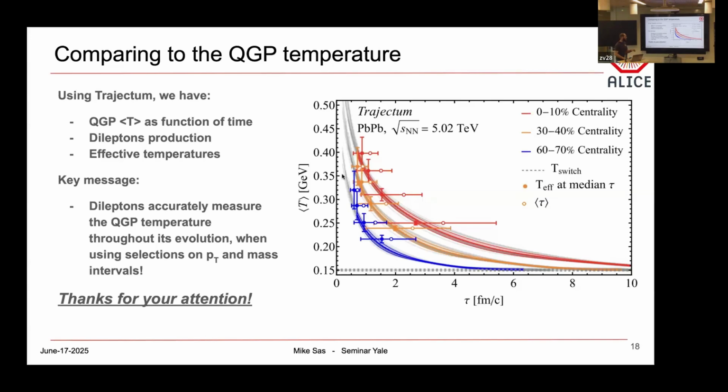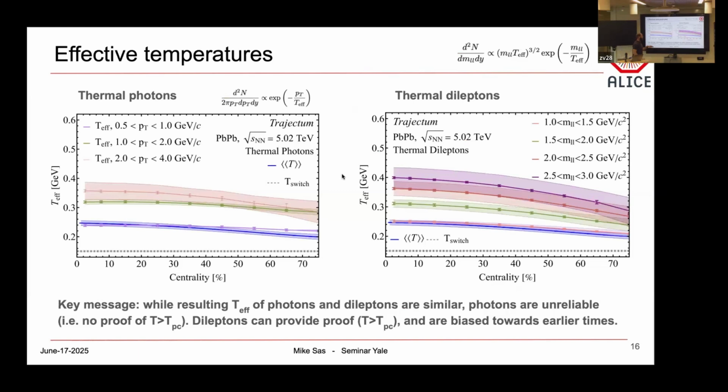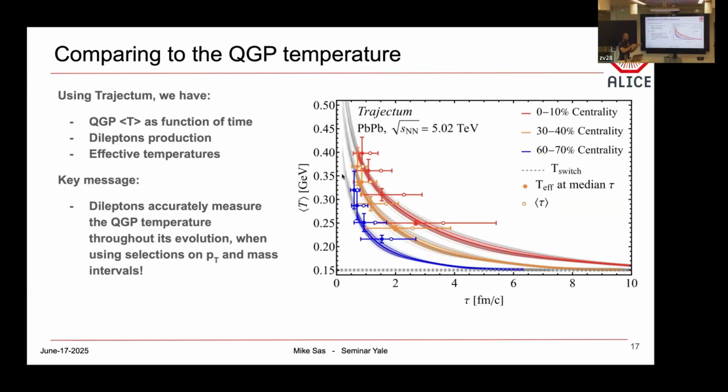Yeah, it's a bit misleading, and maybe I should have included a plot in the backup, but these are just the quartiles of the emission distribution. So we can do our analysis cuts. For example, we would like to do the analysis with the dilepton with a certain PT and invariant mass cut. That will give us a whole distribution from 0 to 10 of when they were emitted.